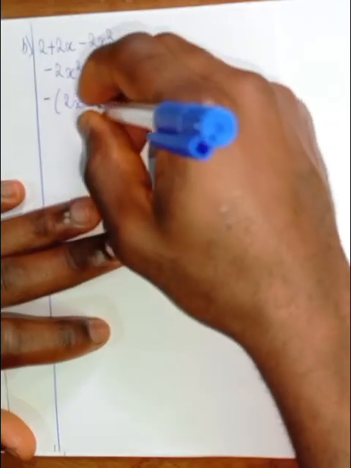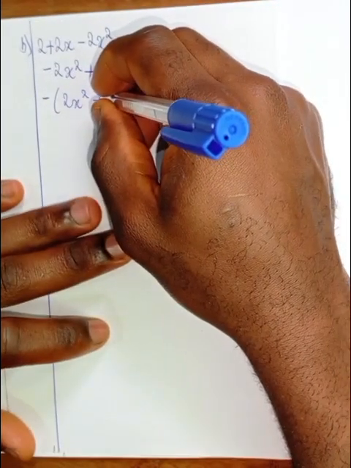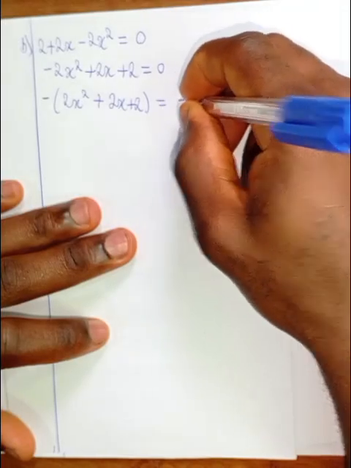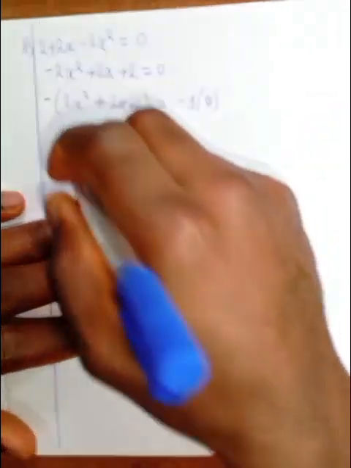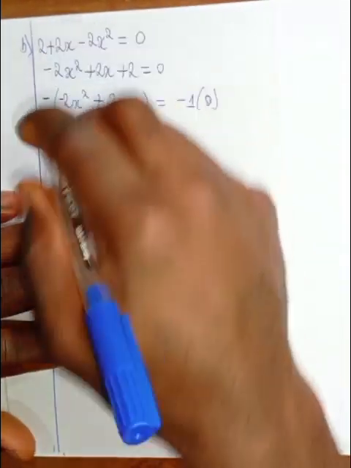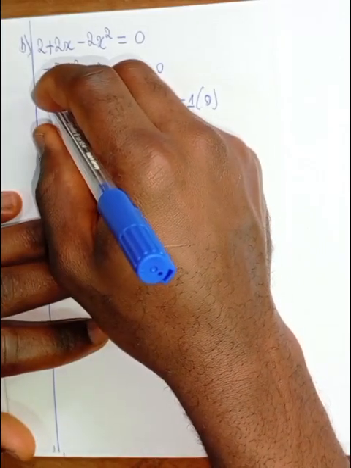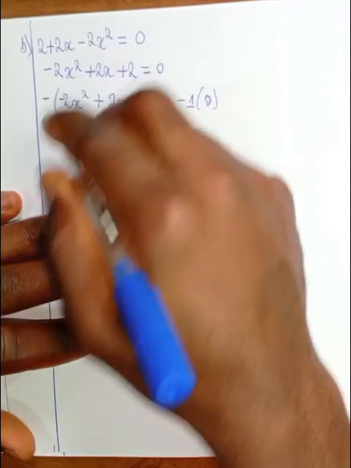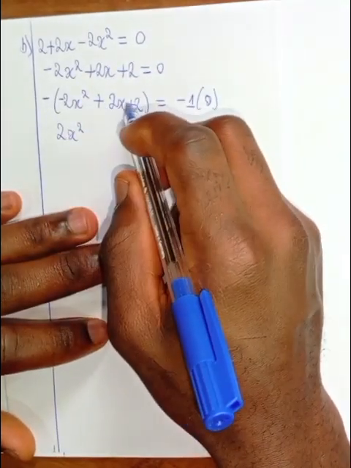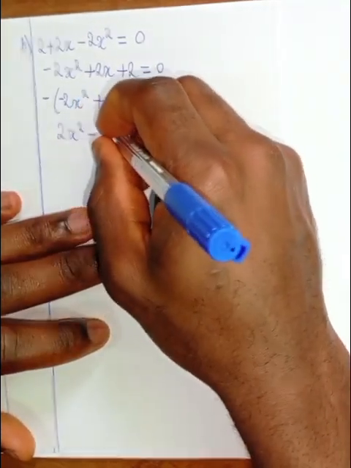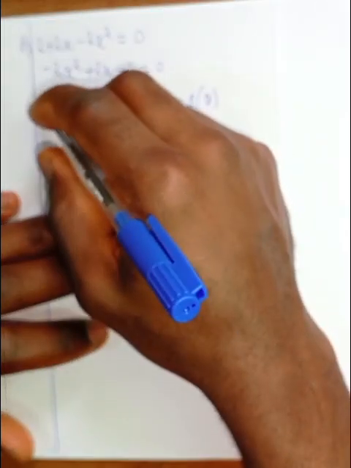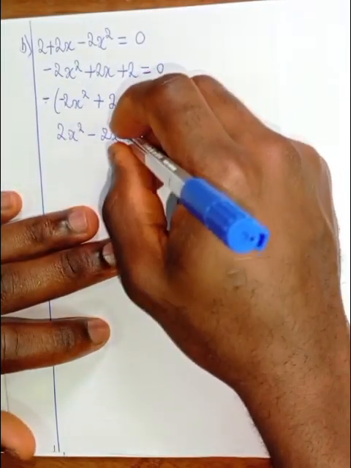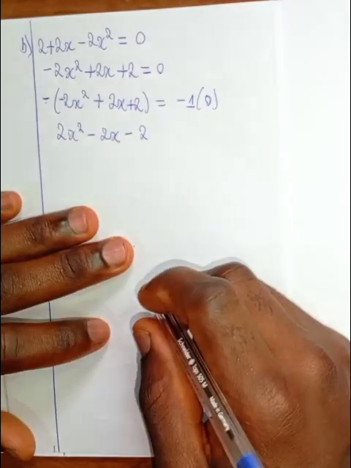This will give us negative 1 times negative 2x squared plus 2x plus 2 is equal to negative 1 times 0. This will give us negative 1 times negative 2x squared will give us 2x squared. Negative 1 times positive 2x will give us negative 2x. Negative 1 times positive 2 gives us negative 2.